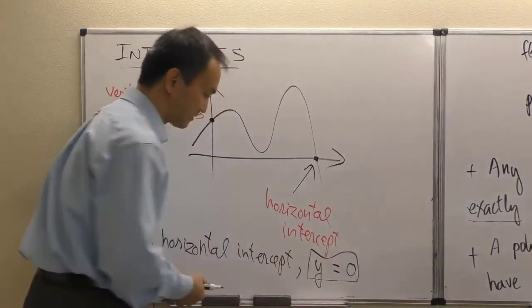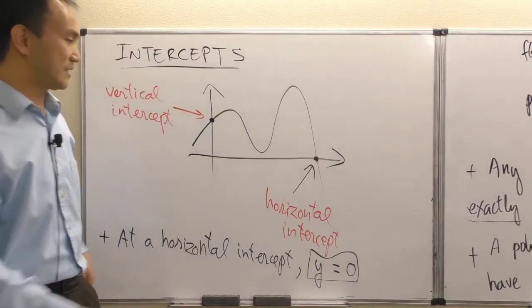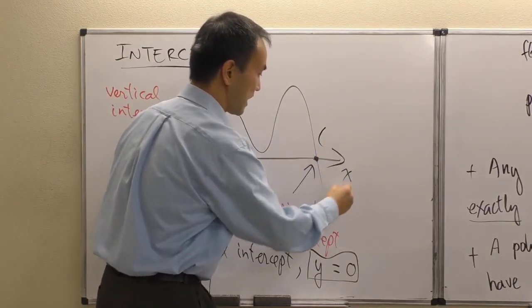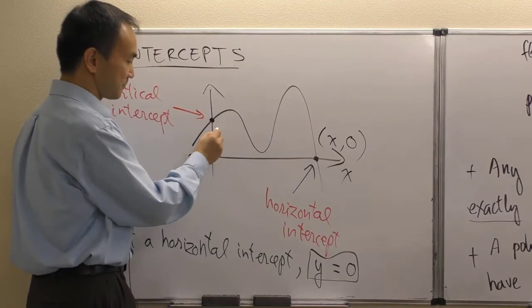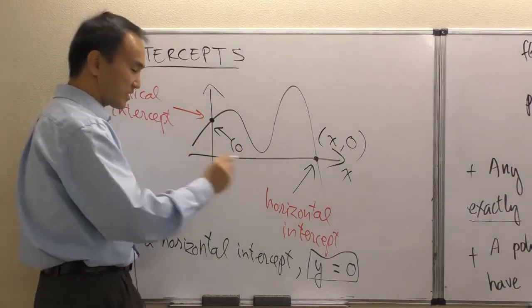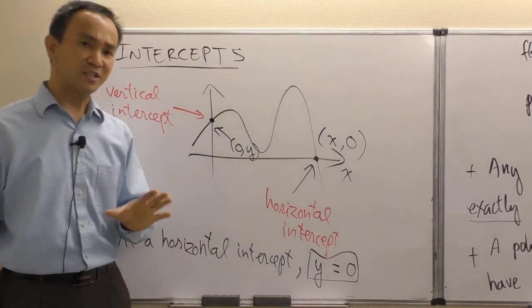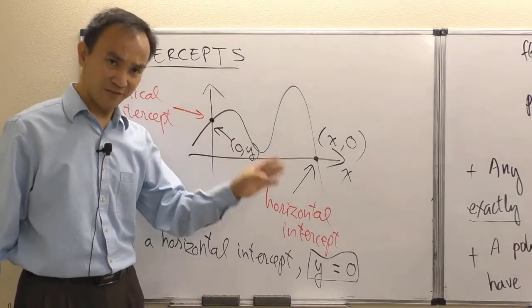So on something like this, if we call this x, the point is whatever x comma 0. Whereas right here, that point has to be 0 for the horizontal coordinate and whatever the vertical coordinate can be. That's some generality about horizontal and vertical intercepts.